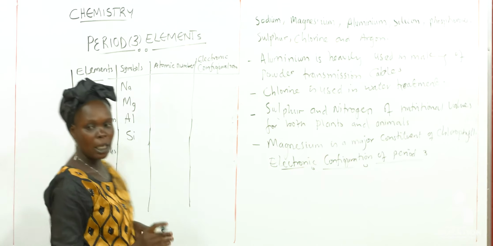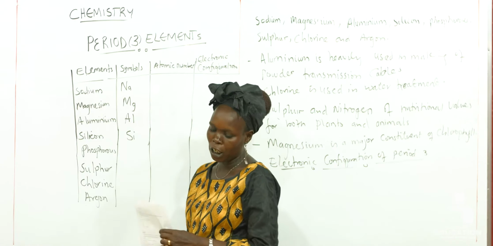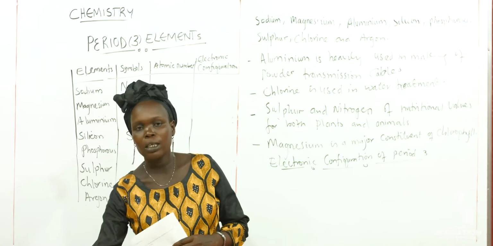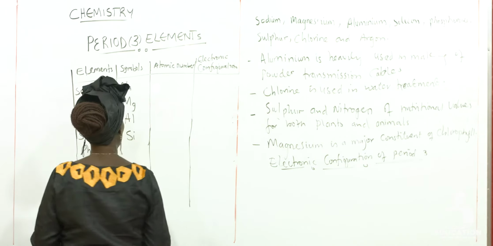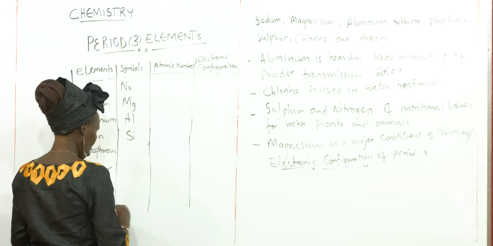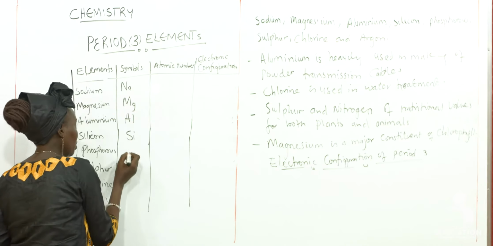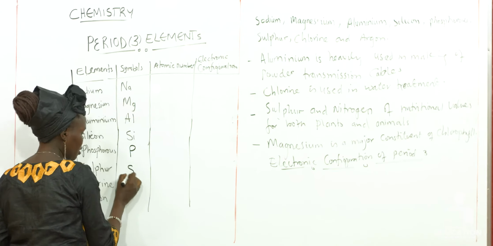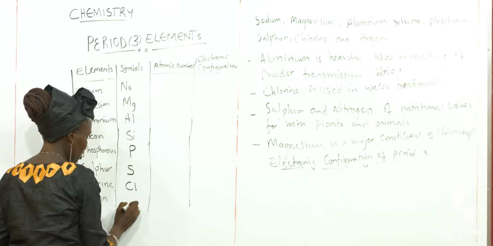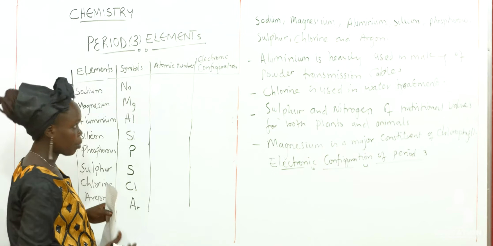So these 8 elements, we are going to show their electronic configuration, starting with the first element, sodium, with symbol Na.